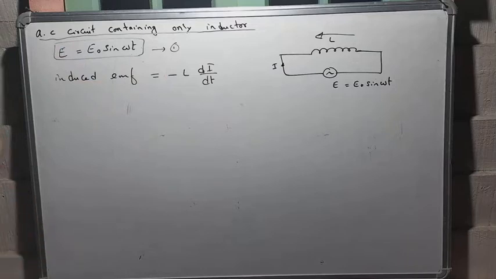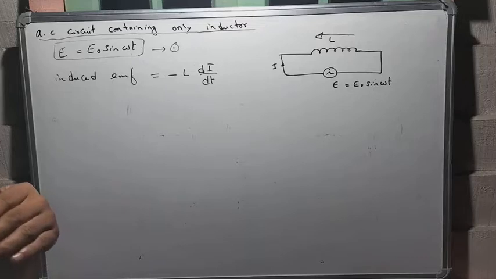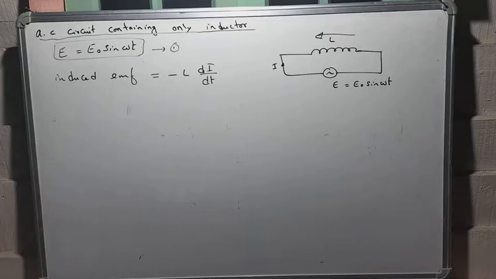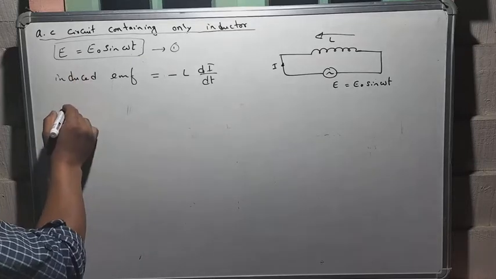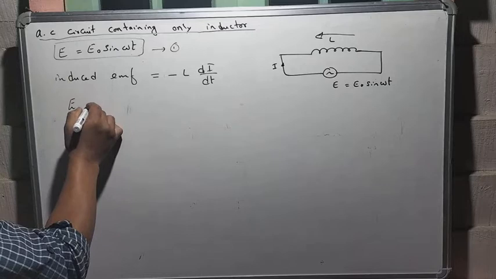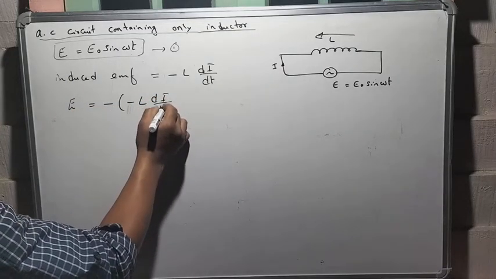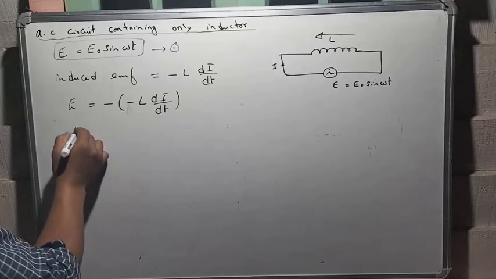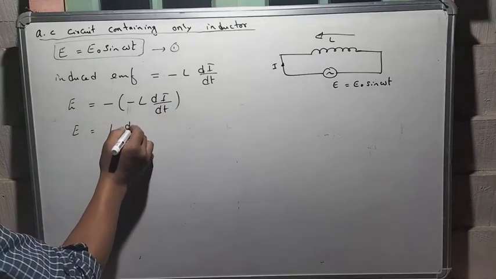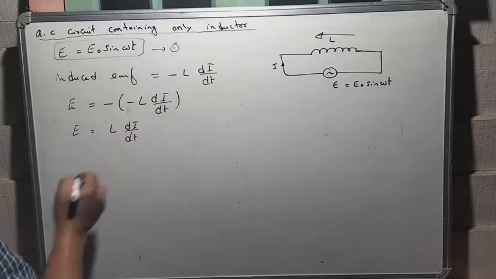Now the magnitude of the induced EMF and the applied EMF is the same, the difference is only the direction. So I will write E is equal to minus of minus L di by dt, or E is equal to L di by dt.